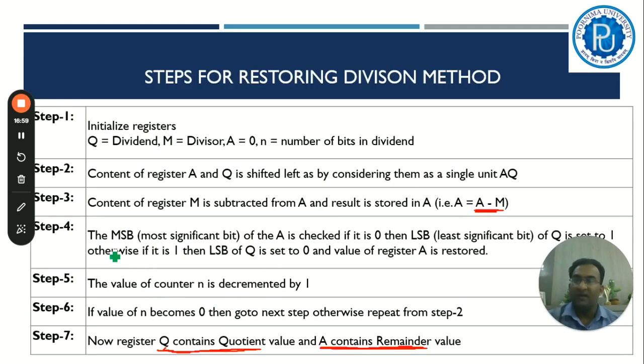Algorithm was saying that we have to check the MSB of the A. If MSB is going to be 1, then LSB of Q is set to 0, and the value of register A is restored. We have to again restore the value of A there.